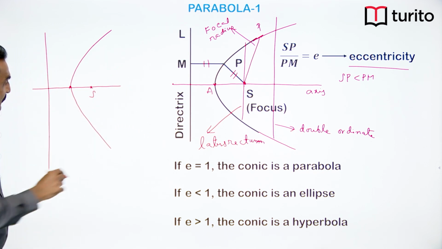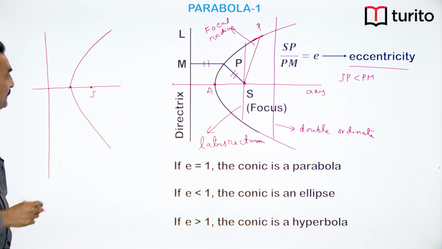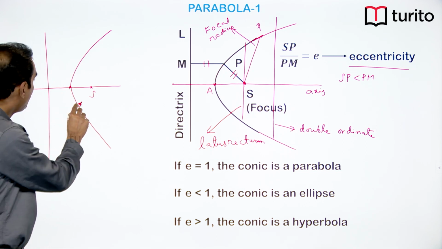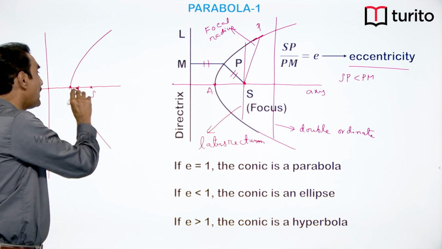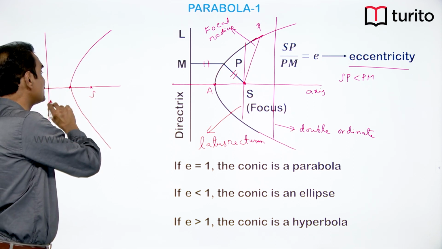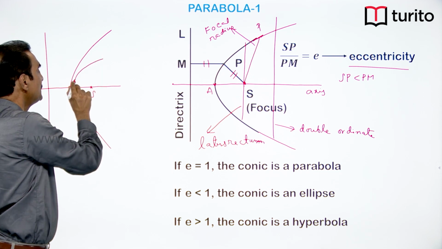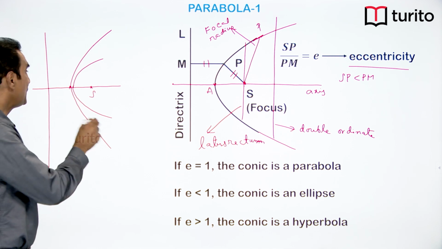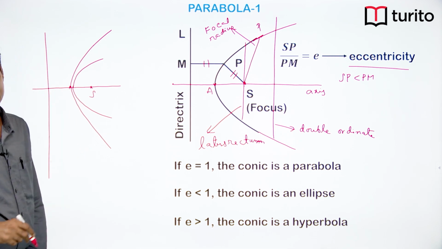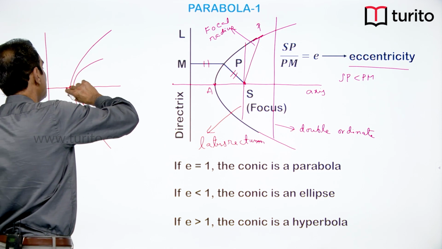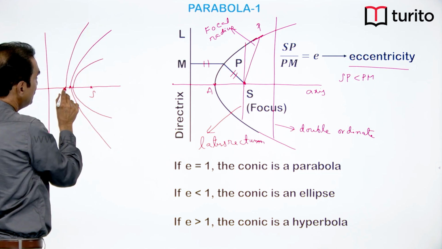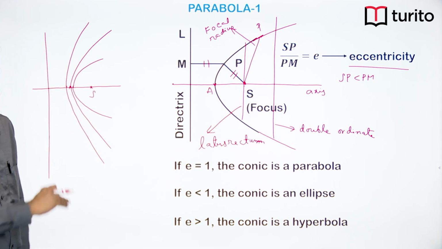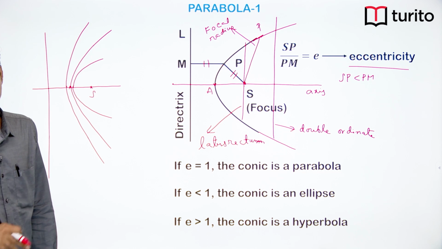Then the curve will be like this. This is the shape of the parabola. Now, if you draw an ellipse with the same focus and directrix, the point will be closer to the focus than the directrix. So, this is the shape of the ellipse. For hyperbola, points will be closer to the directrix than the focus. Then you will get this shape. So, this is the difference between the shapes of ellipse, parabola and hyperbola.